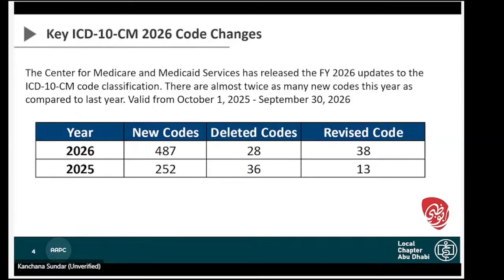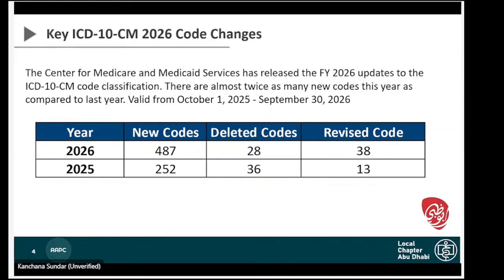This looks daunting, but I'm very sure that you all will comfortably learn all these new codes, because most of them are related to expansions due to the inclusion of new sites and seventh characters, and also unspecified codes changed to more specified codes.